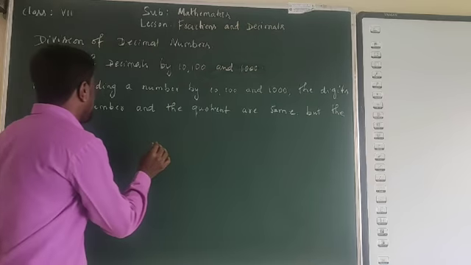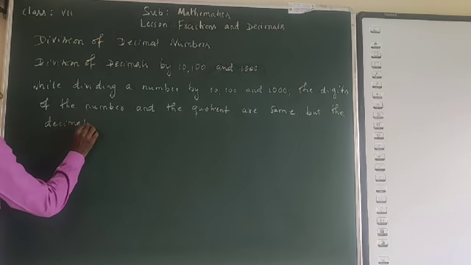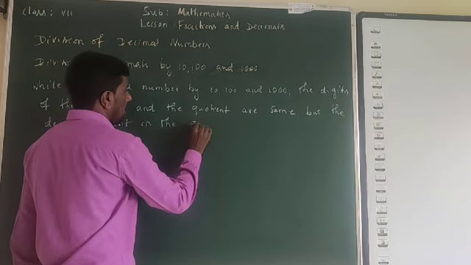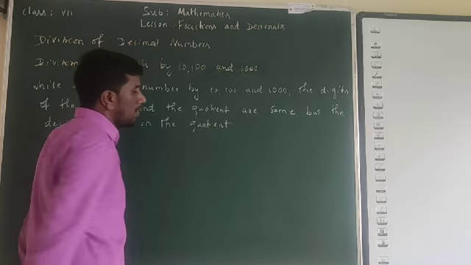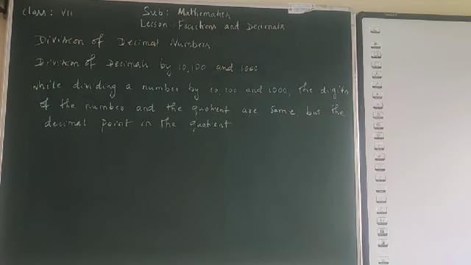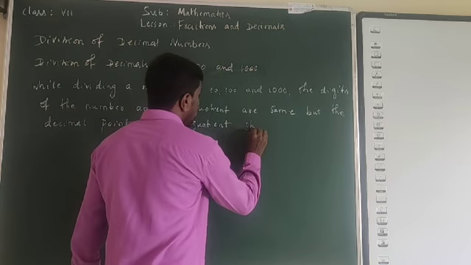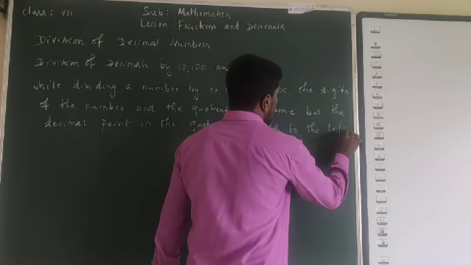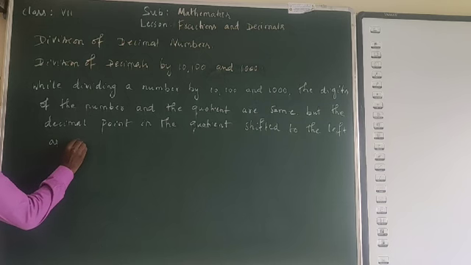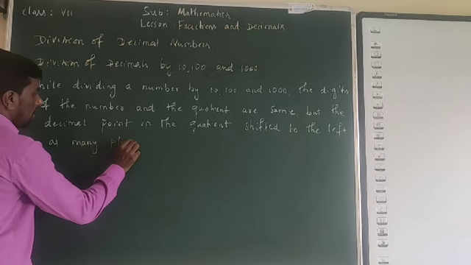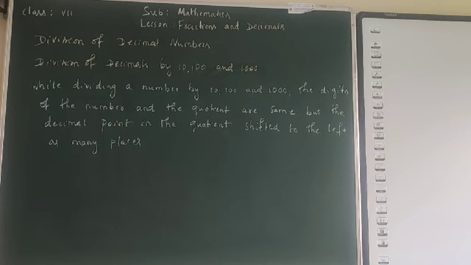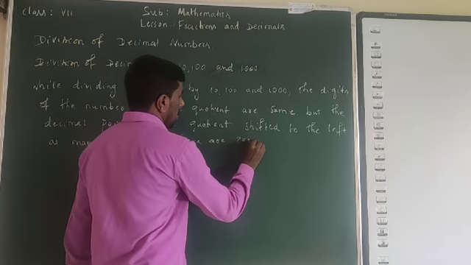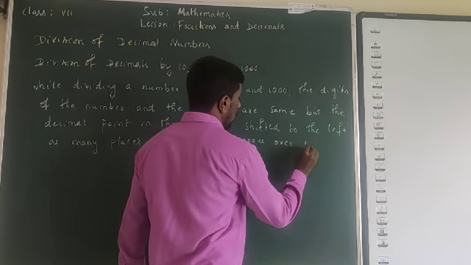The decimal point in the quotient shifts to the left as many places as there are zeros over 1.